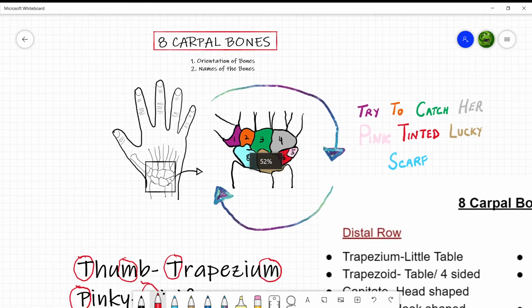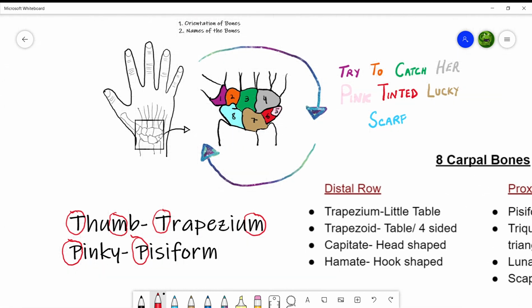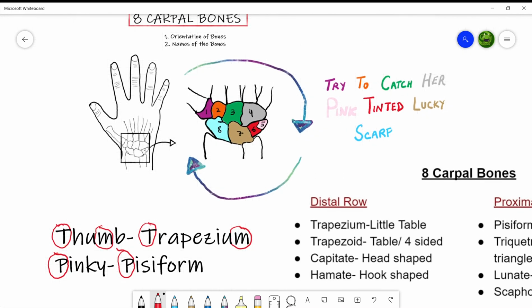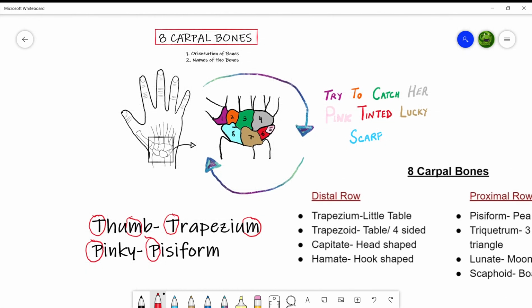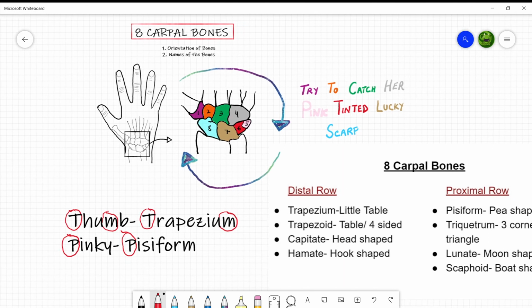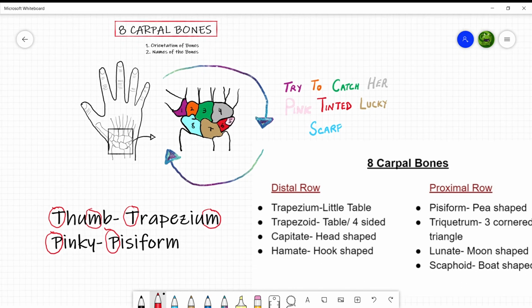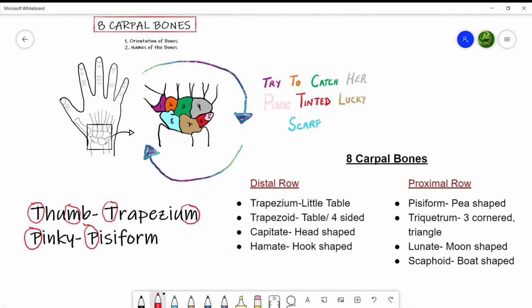I hope this mnemonic will help you memorize the carpal bones, names, and orientation, like which bone is towards the thumb side and which bone is towards the little finger side. And you will not forget it, and it will be really helpful for you in exams.